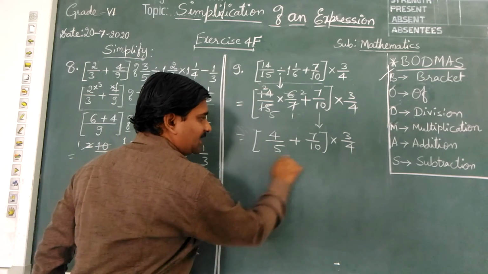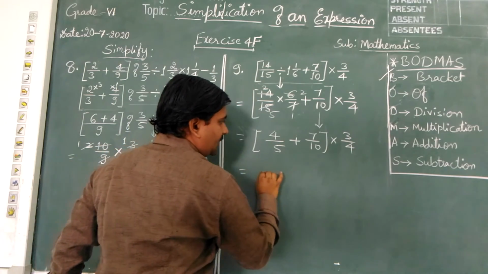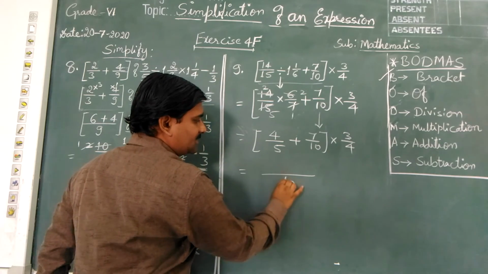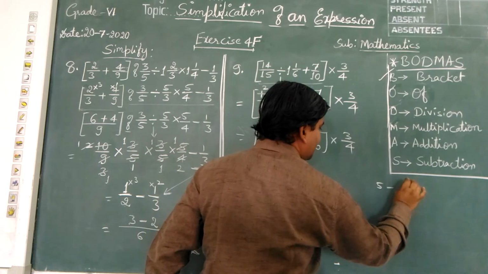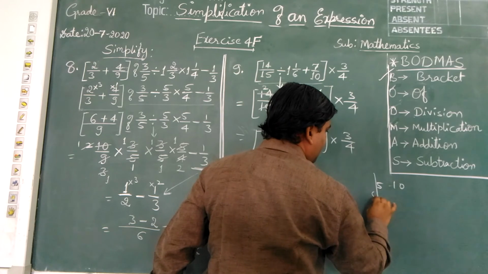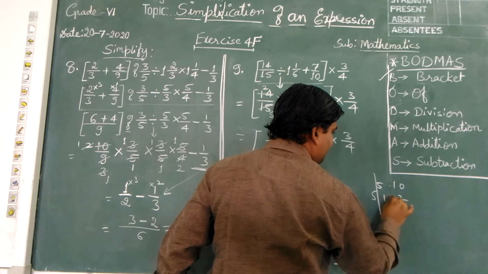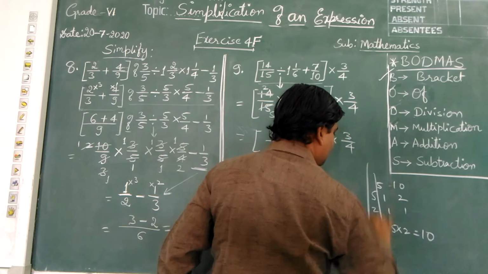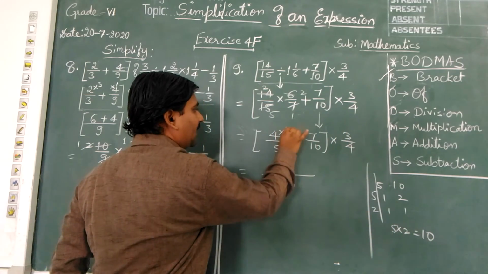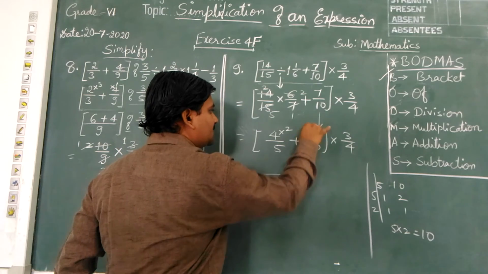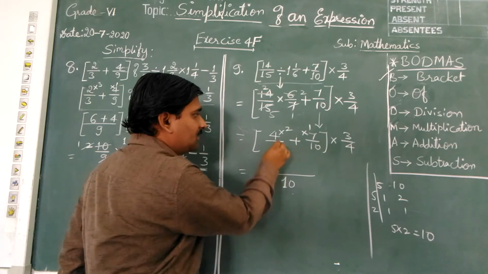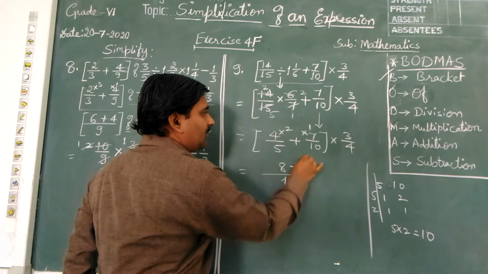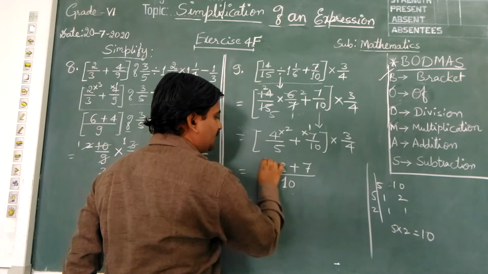So simplify this addition. How? Take the LCM of 5 and 10. 5 and 10 LCM will be 5 twos are 10, so you will get LCM as 10. So 5 twos are 10 and 10 ones are 10. So 4 twos are 8 plus 7 ones are 7.